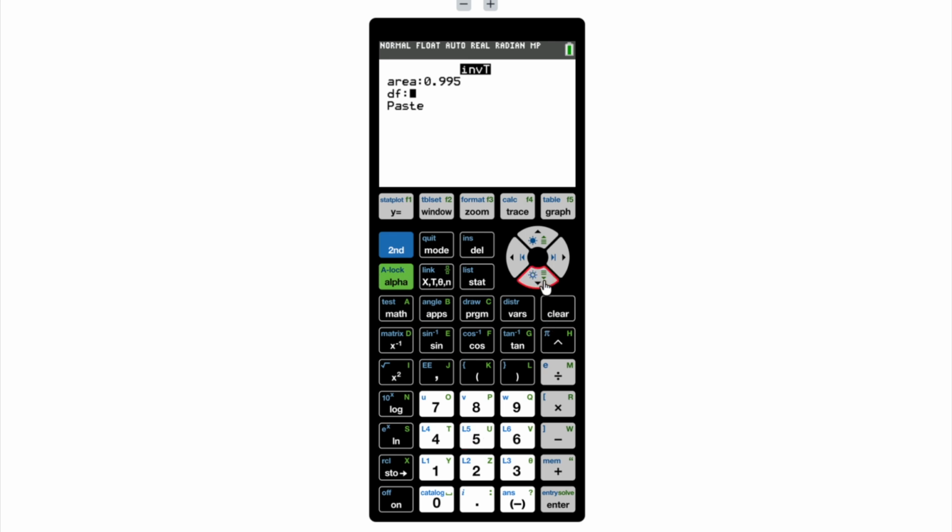For the degrees of freedom, enter 19. Highlight Paste and press enter. Make sure this matches the one you have on paper and then press enter. This is our answer.